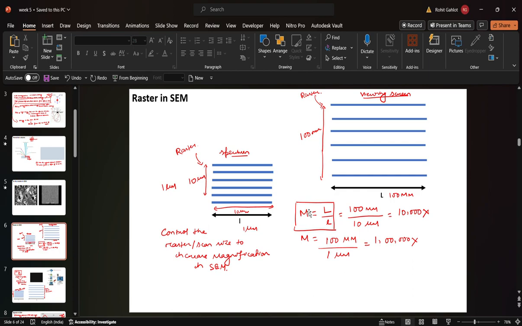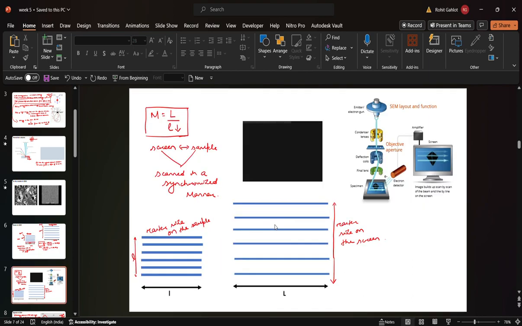Magnification is calculated as the length of your screen divided by the length of your sample, which is linear. So around 100 mm divided by 10 micrometers, you are able to see around 10,000 times magnified image. Similarly, you can adjust this to enhance or reduce the magnification.